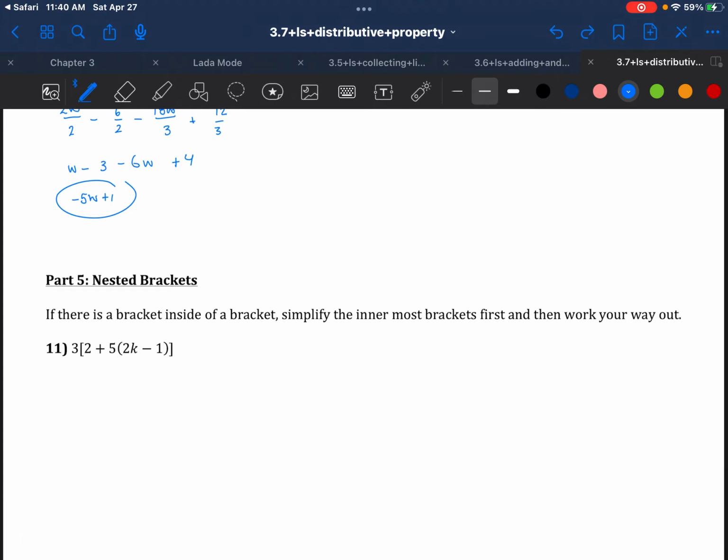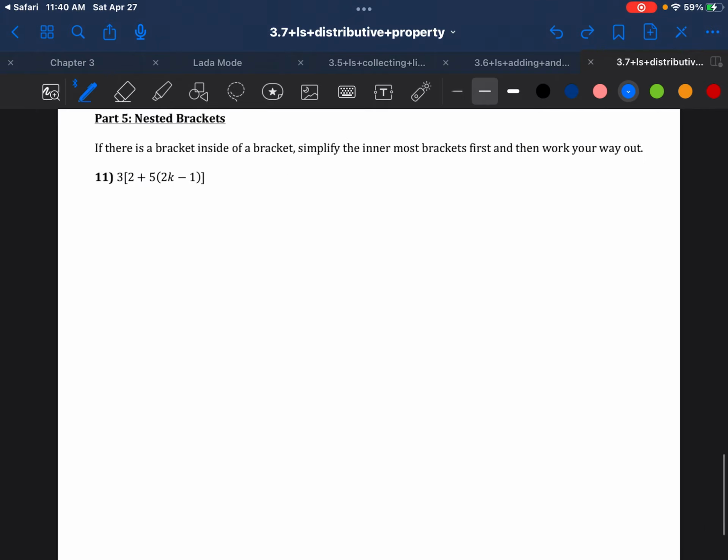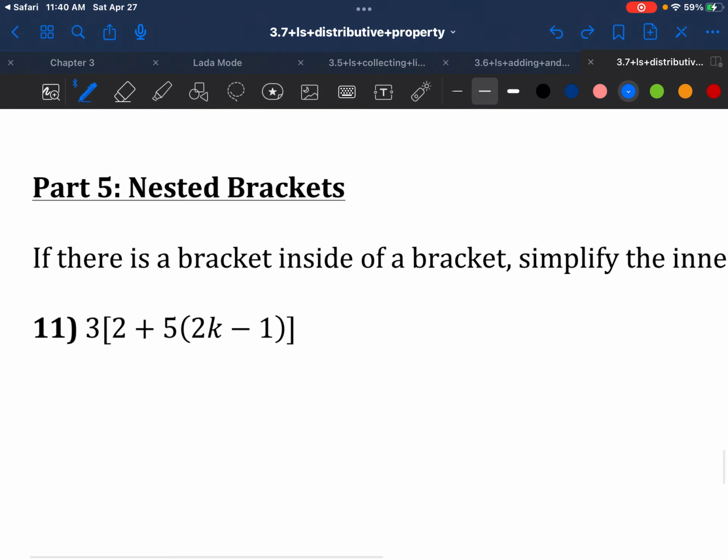Now these ones are nested brackets, which is annoying, but it's fine. You do the multiplication inside the first bracket first. So you can go here and here and rewrite that as 2 plus 10k minus 5.